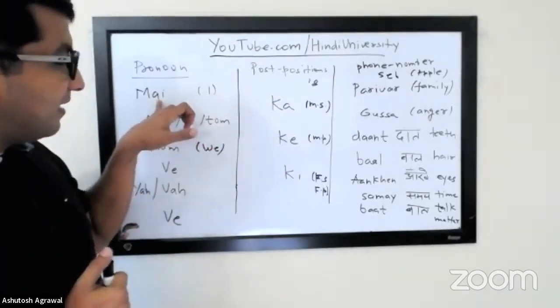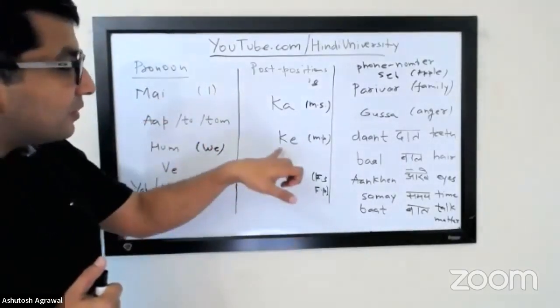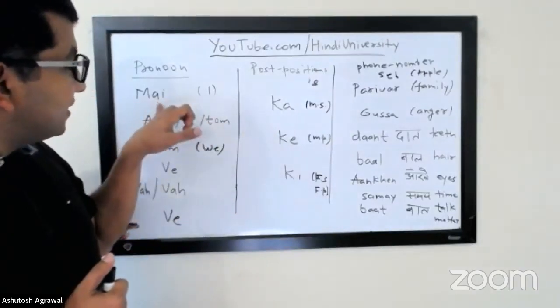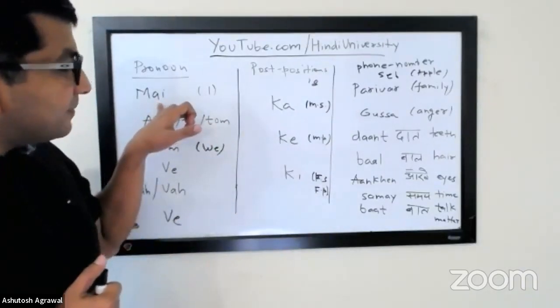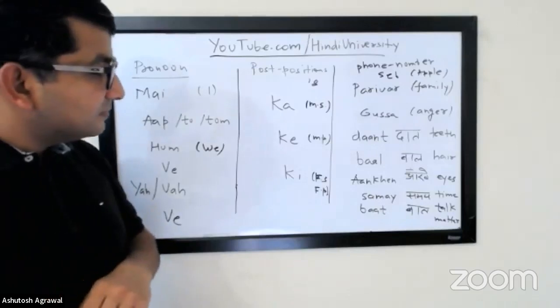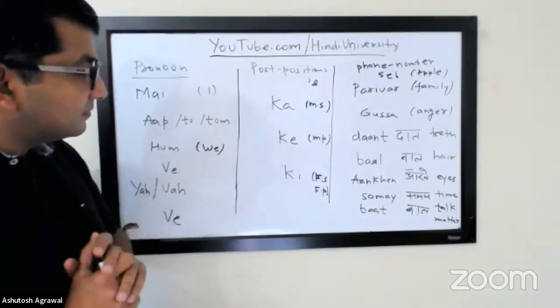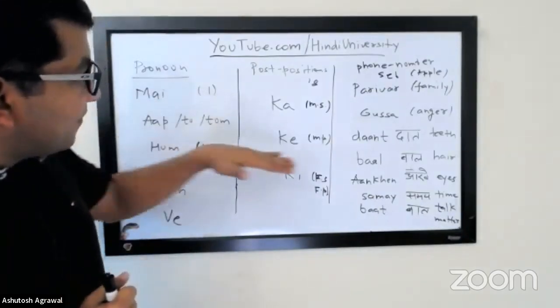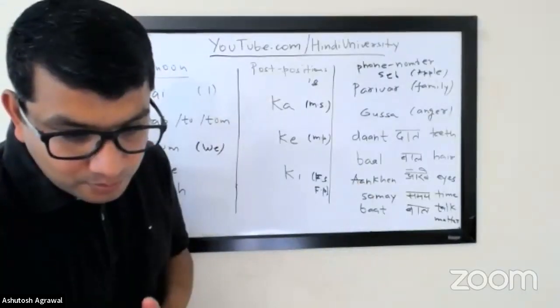So मैं, eyes are feminine singular, so my eye would be मेरी. One eye is आँख, plural is आँखें.